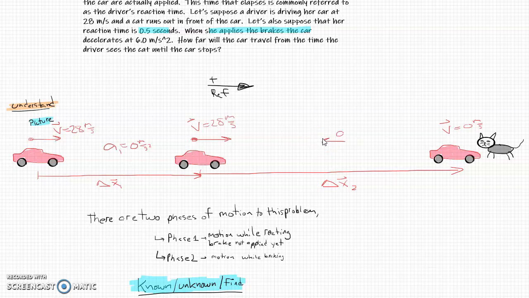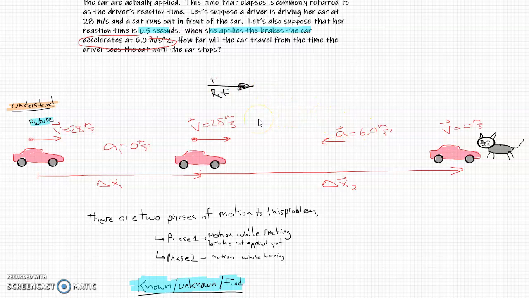It says right up here that she's decelerating at 6.0 meters per second squared. That's a vector, and it'll be based on our positive direction. Our positive direction is to the right, so this is actually going to be a negative.